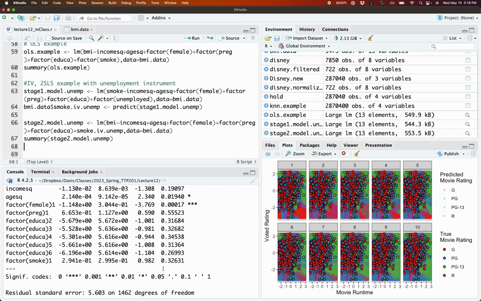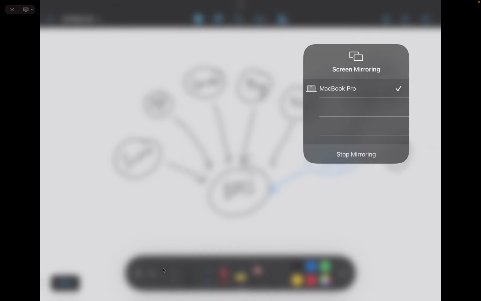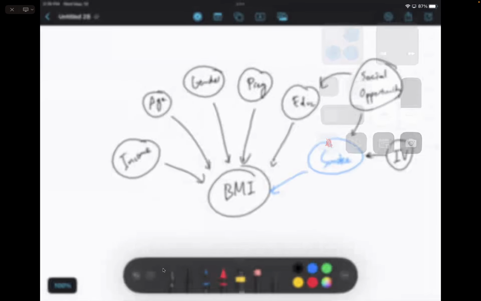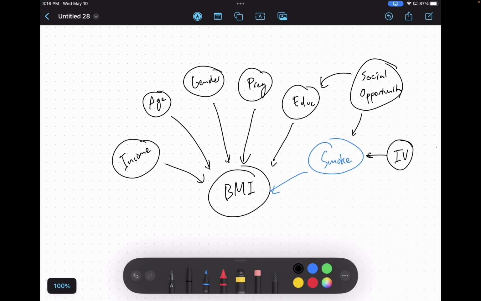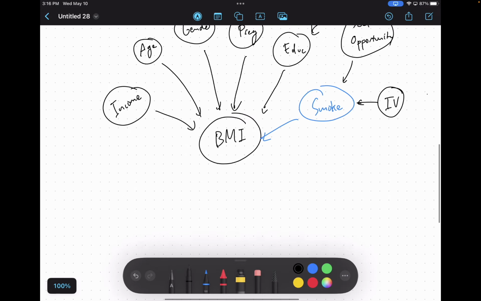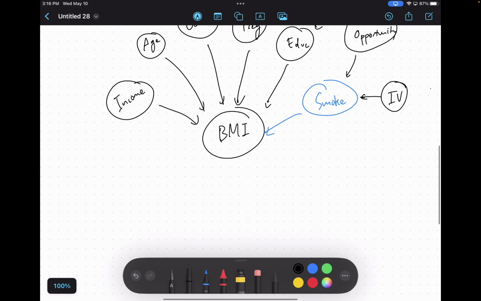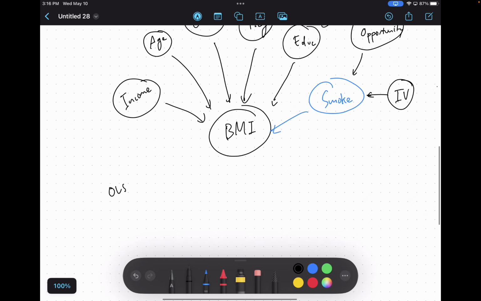So now, let me go back to here. Just to summarize what we were doing: in an OLS, we have y equals beta x plus this.